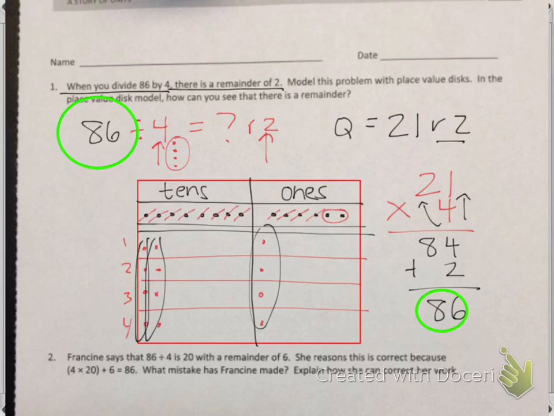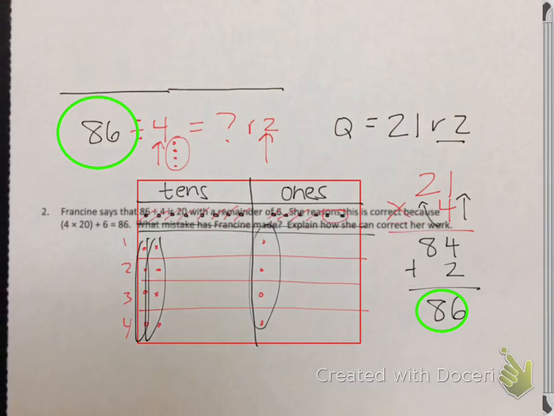Cool. And that is exactly spot on. Perfect. So number 1 is done for us, and that was just looking at a place value model to represent that division. All right. So remember, if I go too fast, make sure you pause the video or rewind when you need to. All right, let's go to number 2.